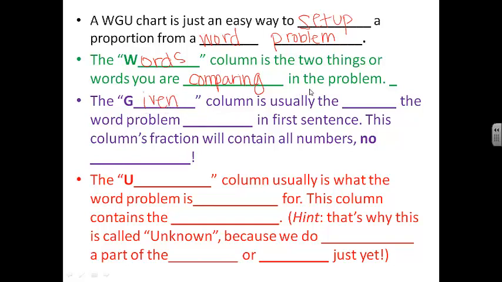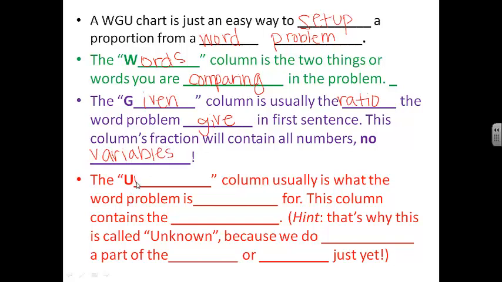So the given column is usually the ratio the word problem gives in the first sentence. Okay, keyword is give. They give it to you. So you have both numbers. This column's fraction will contain all numbers, no variables, because all the variables will be in the unknown because we don't know what it is yet.